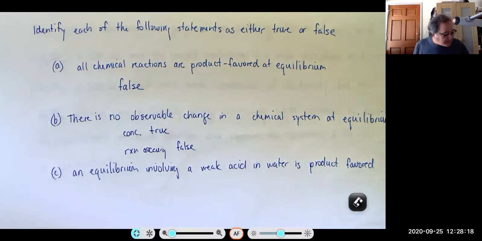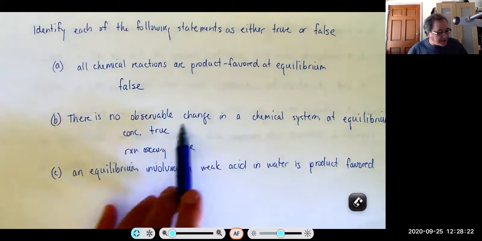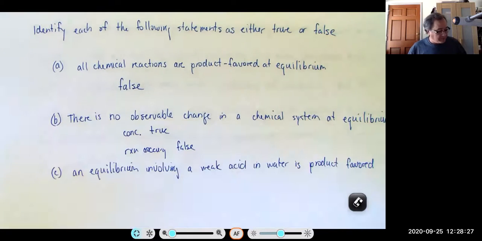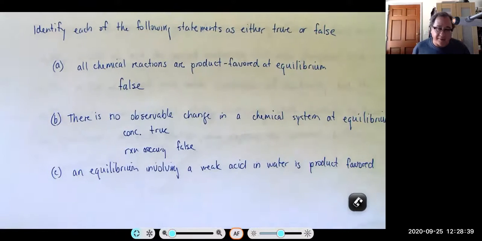So I believe that they intended this to be there's no observable change in concentration in a chemical system at equilibrium, which would be true. The concentrations stay the same. All right. Now, if they had meant there is no reaction occurring at chemical equilibrium, that is patently false. At chemical equilibrium, both reactions are occurring, but at the same rate.